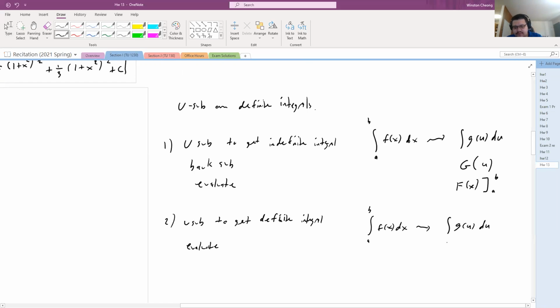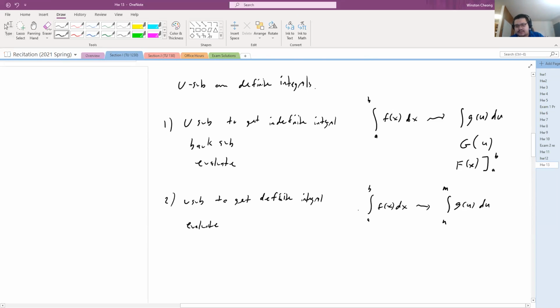So like a and b get converted over to, say, n and m, and you can calculate what those conversions are going to be just by using the rule for the u substitution that you end up figuring out. But by figuring out these limits, you can then take the integral and perform the evaluation in the u world instead of bringing things back to the x world.